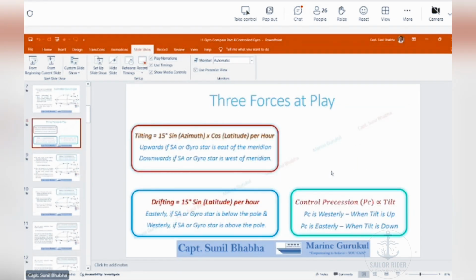When I am going to explain the elliptical path, have these three formulas in front of you. If you have not written them down, just take a picture and you can refer to them on your mobile. I will also show you on the slide, but when I am explaining, you will be able to correlate it with the formula and check whether we are doing it right or wrong.